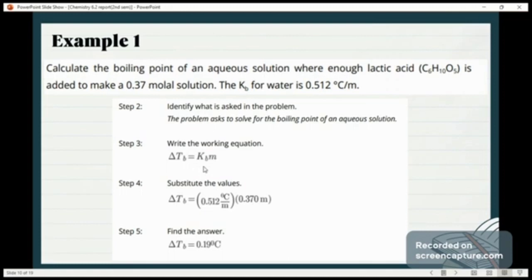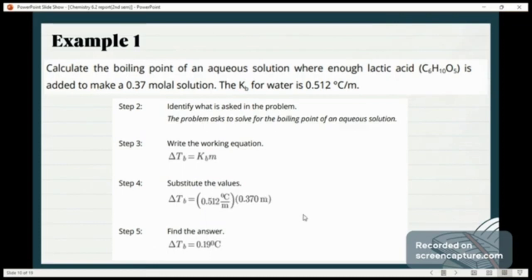For the Kb, we have 0.512 degrees Celsius per m, and the molal solution is 0.37 m. We can come up with the answer of 0.19 degrees Celsius, because the m cancels there, so what is left is degrees Celsius.